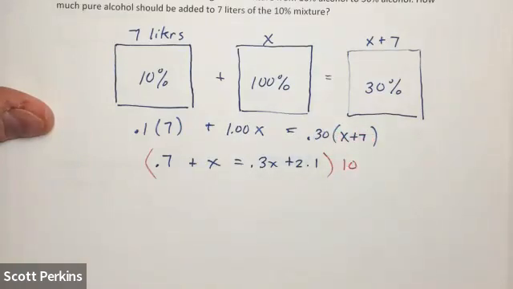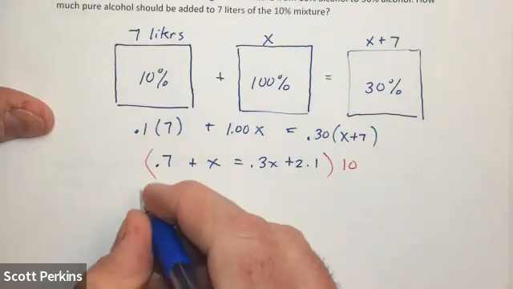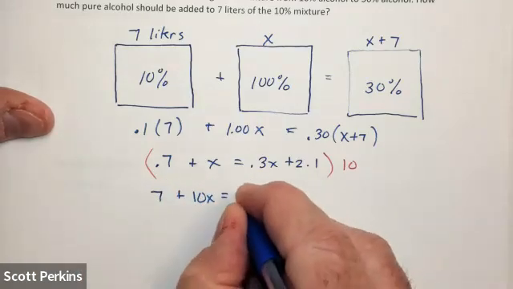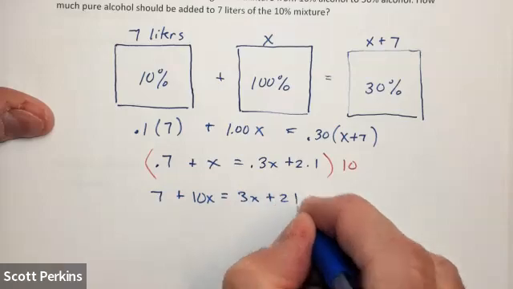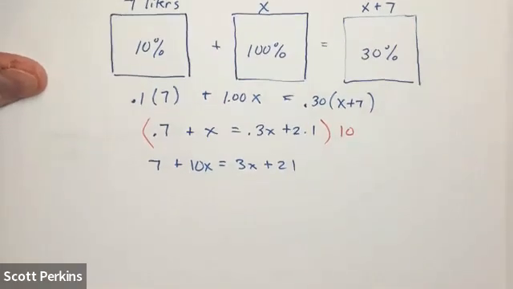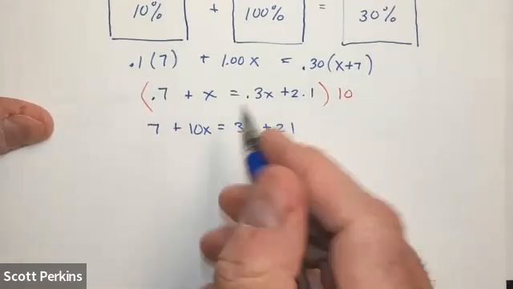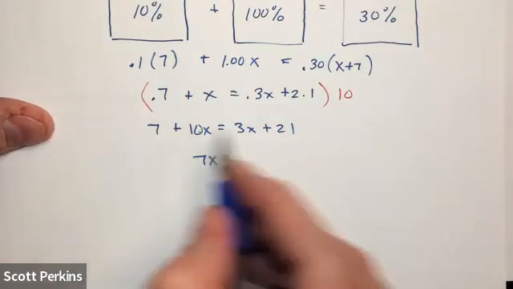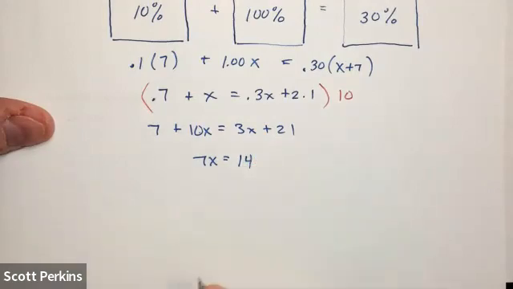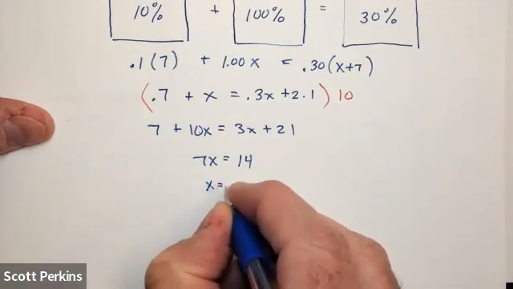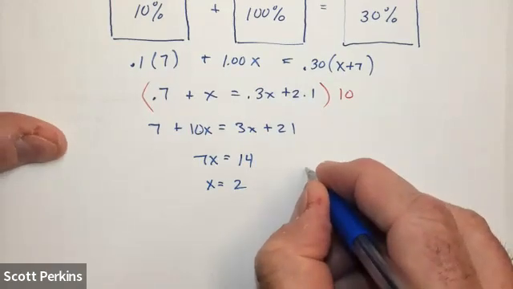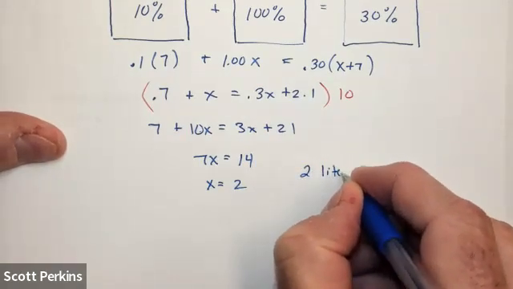I'm going to multiply everything by 10. So that gives me 7 plus 10X is equal to 3X plus 21. When I bring the 3X over to this side, I get 7X. When I bring the 7 over to this, I get 14. And when I divide, that gives me 2. And so how much pure alcohol in this situation? I would add 2 liters.